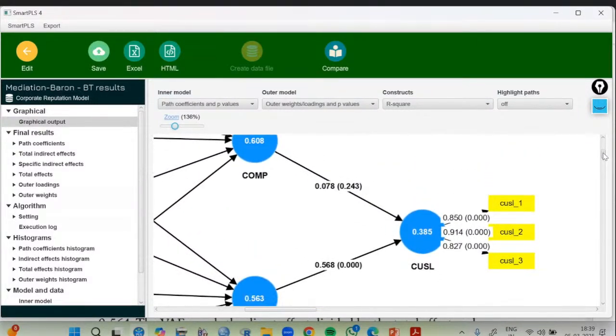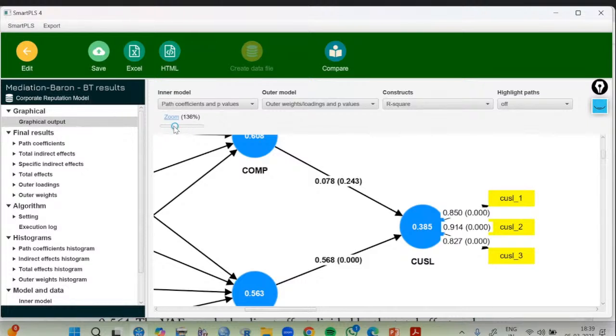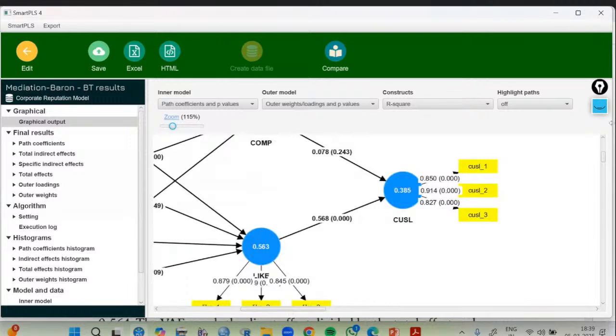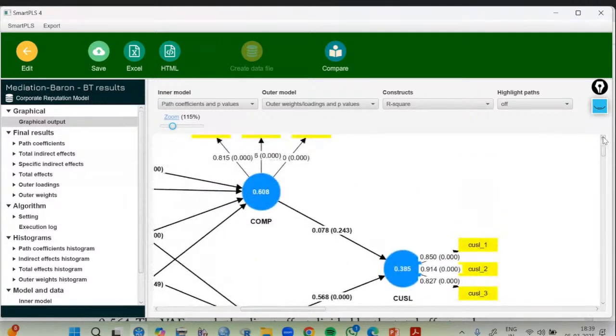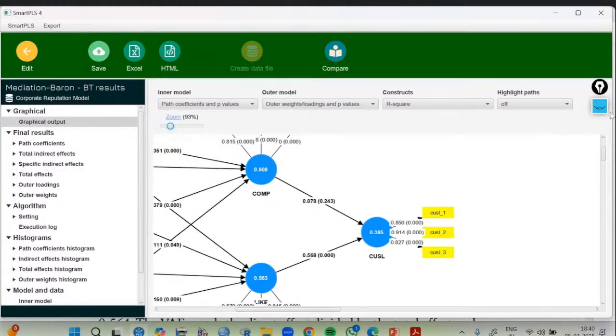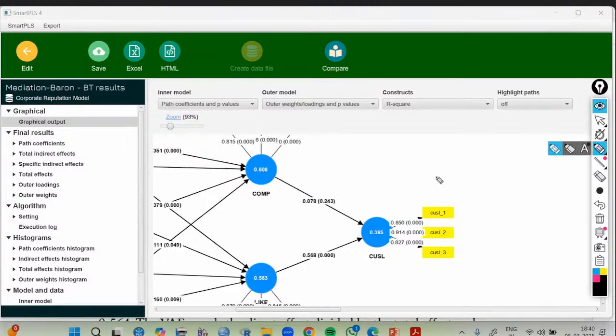The one is competence and likability, which is not significant. Here we can see the path coefficient is 0.078 and the p value is greater than 0.05. So this relationship is not significant.